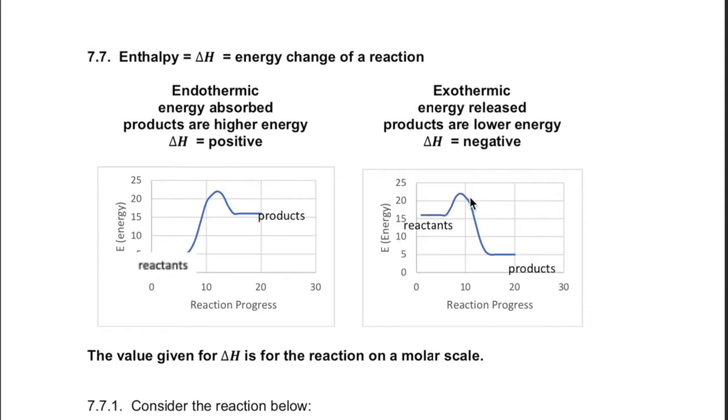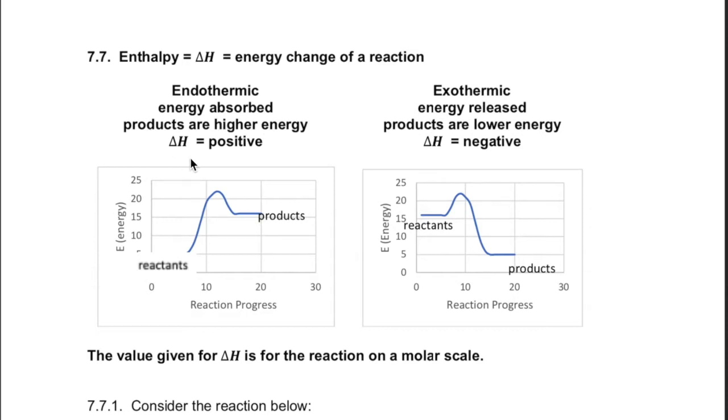Other reactions release thermal energy when they are conducted, and so those processes are exothermic. The products are more stable, they're lower in energy than the reactants. For example, when you're burning fuel, the fuel has a lot of energy stored in it, and in the process of burning that fuel, energy is released and the products are lower in energy.